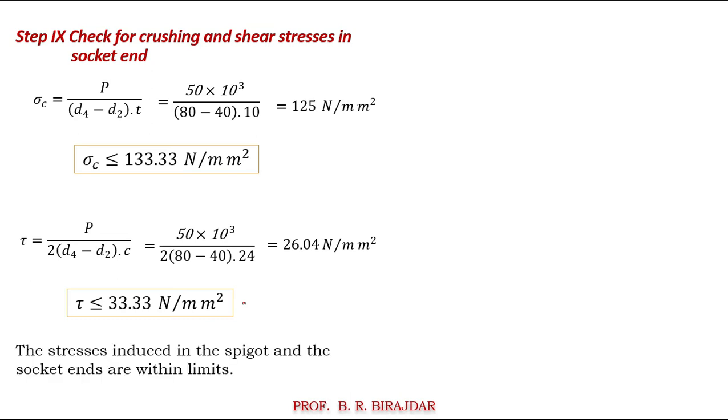So the stress induced in either the socket or the spigot end, both are within the limit. The induced stresses are less than whatever allowable stress we found out. So it is safe. If the induced stresses are larger, then we have to redesign and modify the dimensions and change again. So in this way we can find out the stresses.